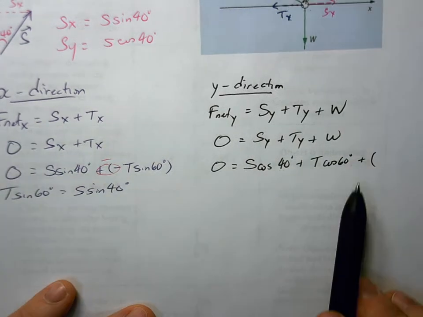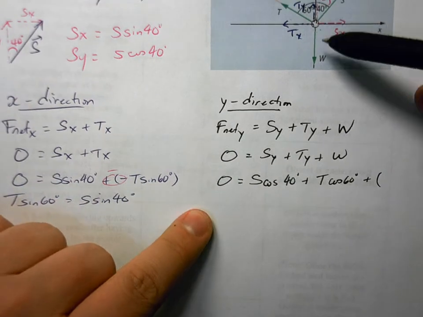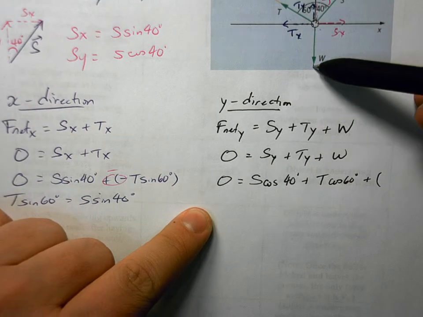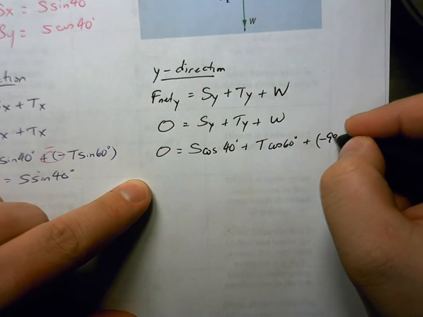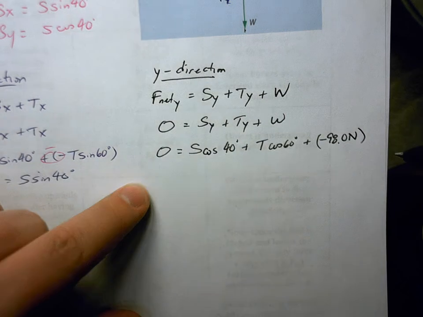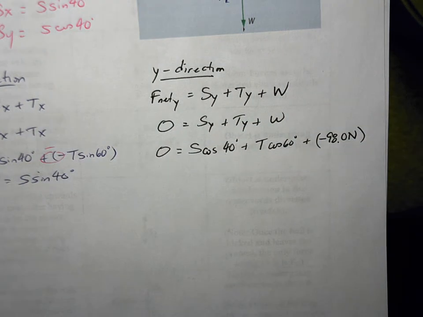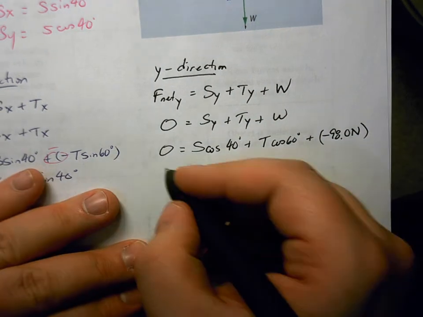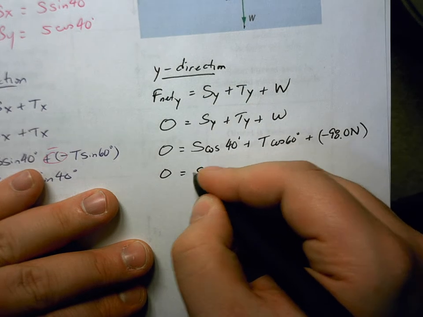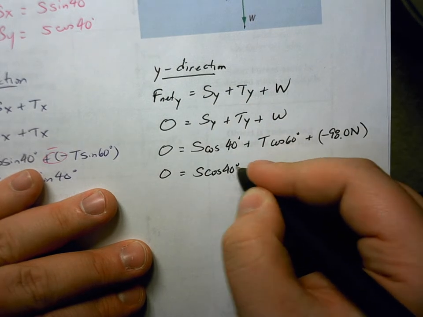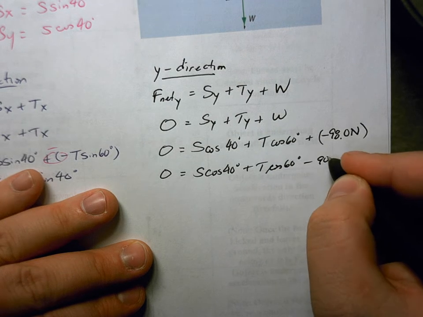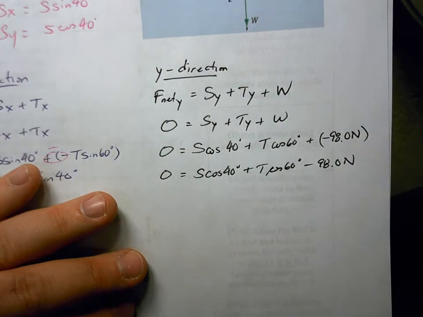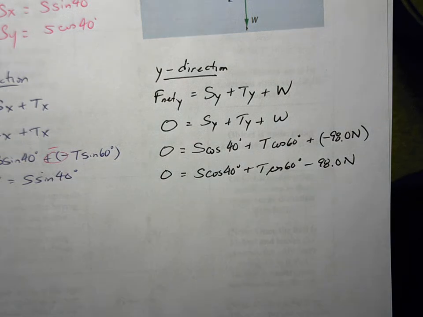And then my weight is 98 newtons, but the weight is pointing down, and I've called up positive, so that weight has to go in as negative 98 newtons. If I simplify this, I get 0 equals s cos 40 degrees plus t cos 60 degrees minus 98.0 newtons.